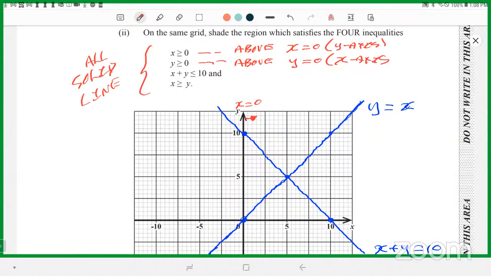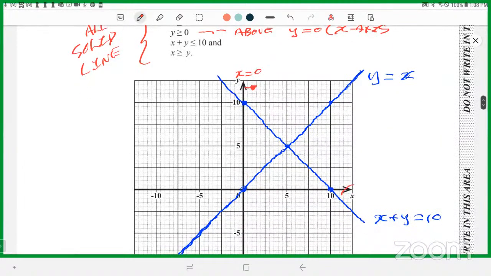So the region I want is also above this line. So the region I want is somewhere inside here. Above to the right of the vertical line and above the x-axis, so it's in the first quadrant. But we're narrowing down the area.